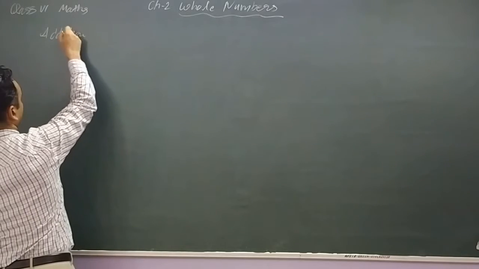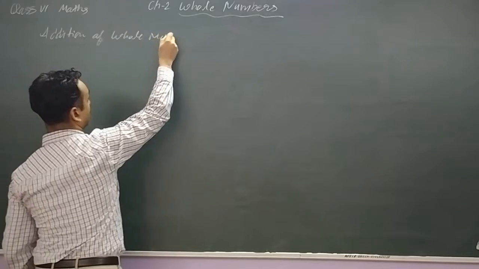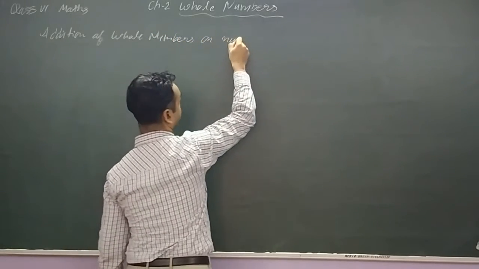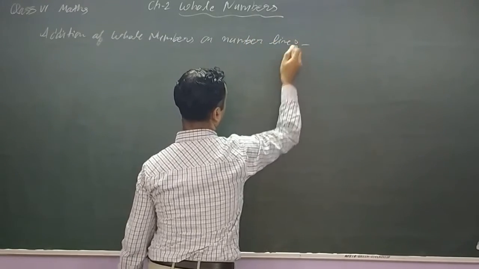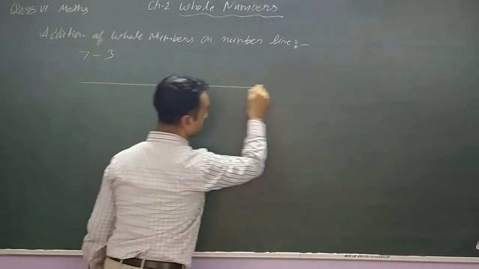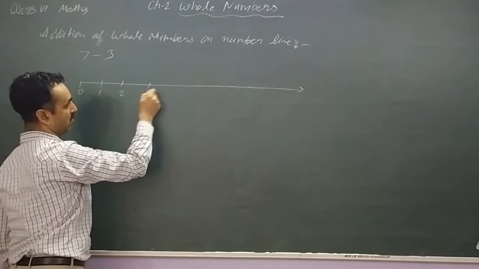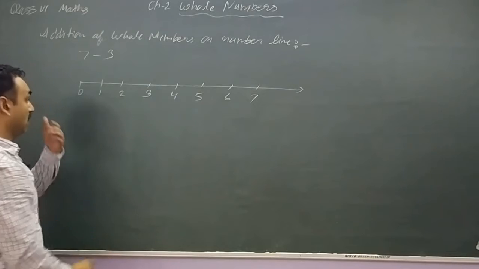Addition of whole numbers on the number line. Suppose you want to do 7 plus 3. So first you make a number line, starting from 0.